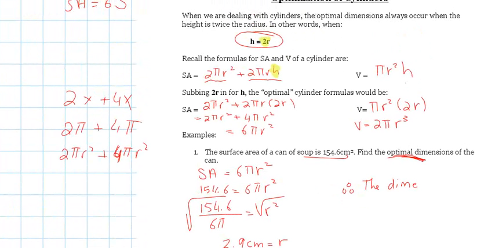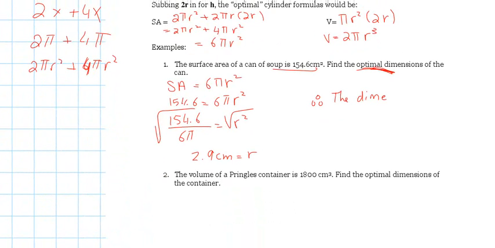So the height is twice the radius, which means your height is 2 times 2.9. Why is it 0.7? 5.8.